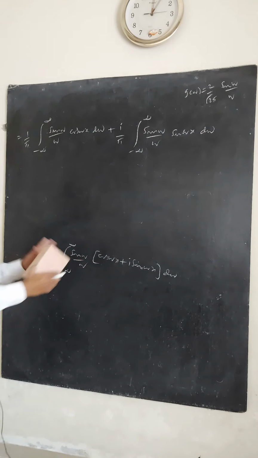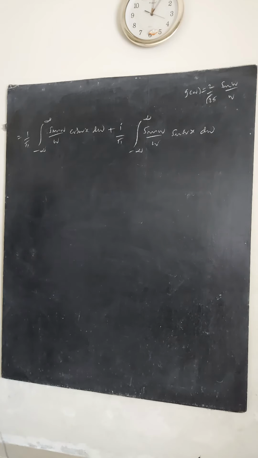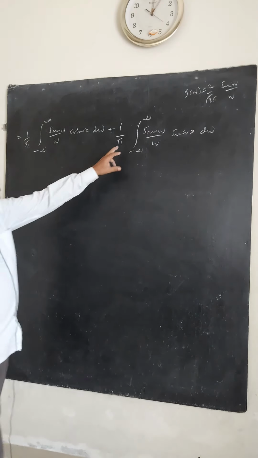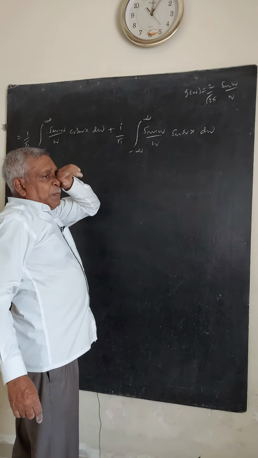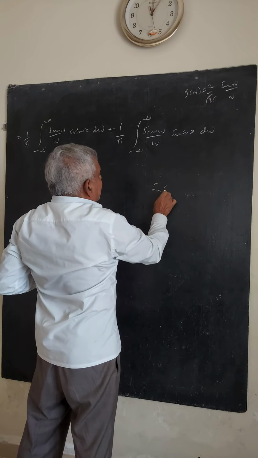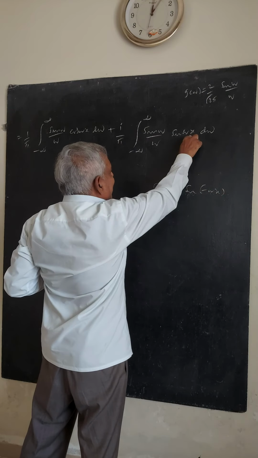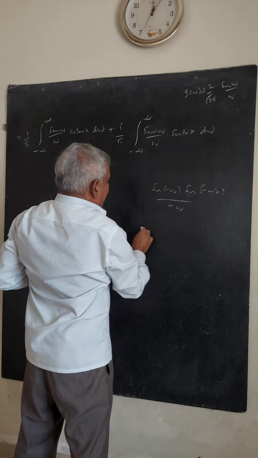We have split into two, real part and imaginary part. See, I told you all imaginary parts will become zero. The functions are entirely even functions and odd functions. Let us see this: sin of minus omega x is negative, minus omega x, divided by minus omega.